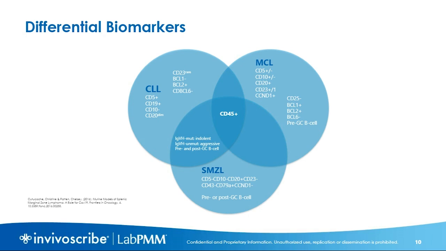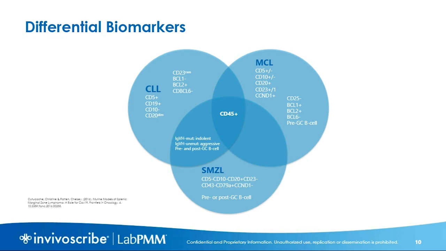And that also goes for the light chains. So if it's kappa restricted or lambda restricted, the actual intensity by flow cytometry of these light chains is stronger in mantle cell or marginal zone lymphoma, but it's very weak in CLL to the point where sometimes it's difficult to ascertain which light chain it is actually expressing.